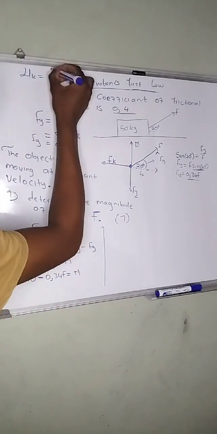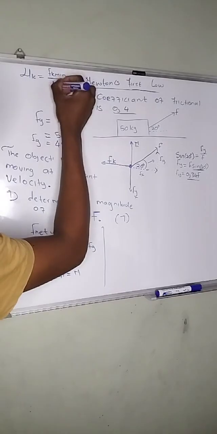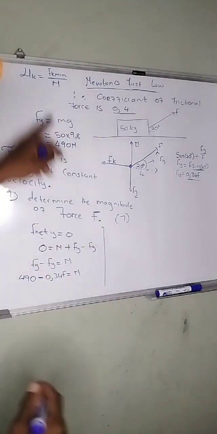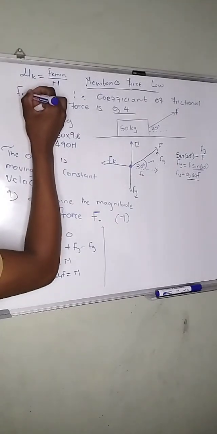It's going to be Fk minimum divided by normal, the other way around. Then I can just simply multiply the two. Even this one is still applicable.